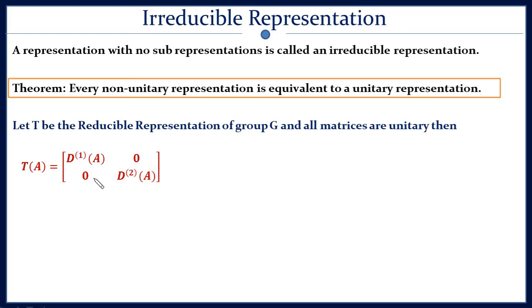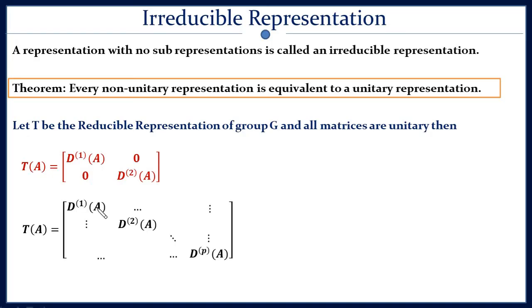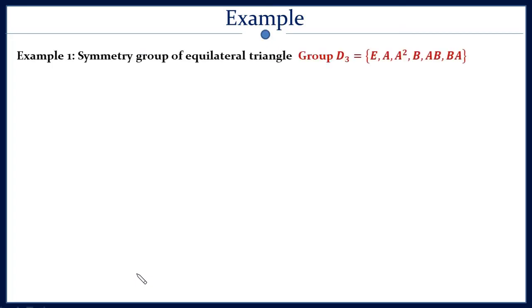It can have many. So in general, we can write T(A) equals D1(A), D2(A), up to Dp(A). What it means is, suppose your reducible representation has p irreducible representations, then it can have this kind of form.